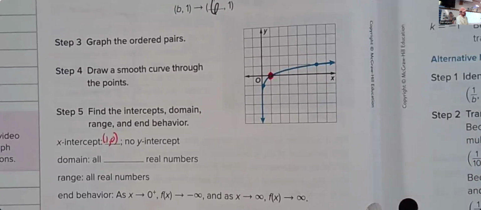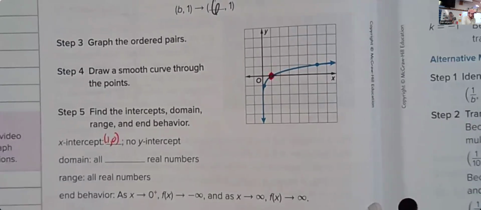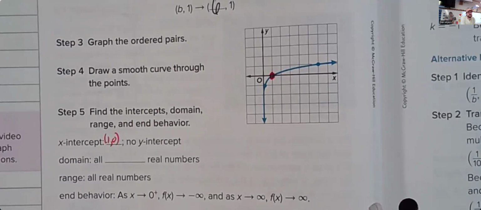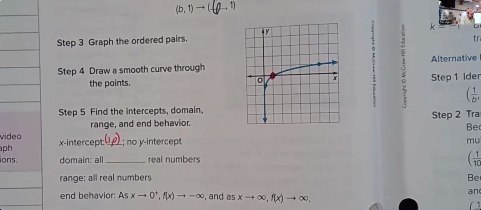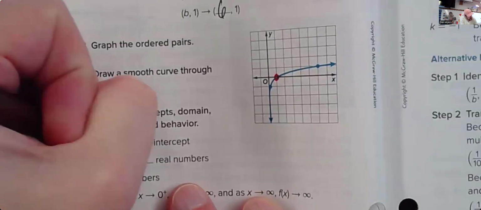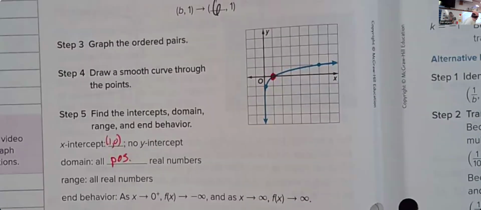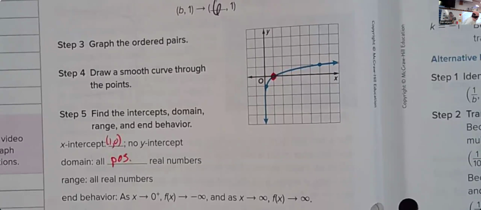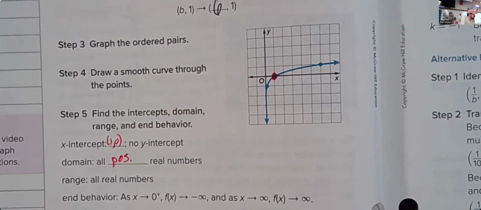The domain: all positive real numbers, abbreviated with a period after the POS. The range is all real numbers because it goes up forever, goes down forever, all the y values, okay?